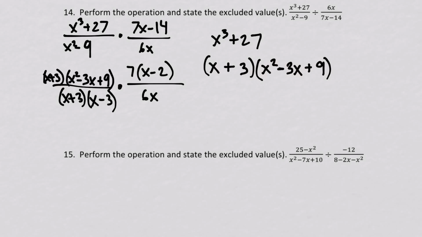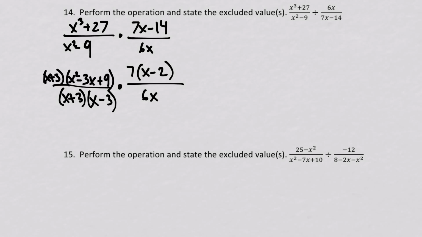Okay? And now all we have left to do is to cancel as much as we can. Everything that we see that can be canceled, cancel it. You can cancel the x plus 3 and the x plus 3 here. And that's it. Nothing else cancels in this case. x squared minus 3x plus 9 and x minus 3 in the denominator, the 7 and the 6x, the x minus 2, nothing cancels.